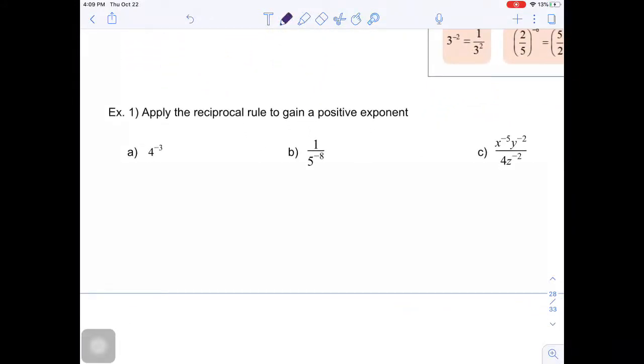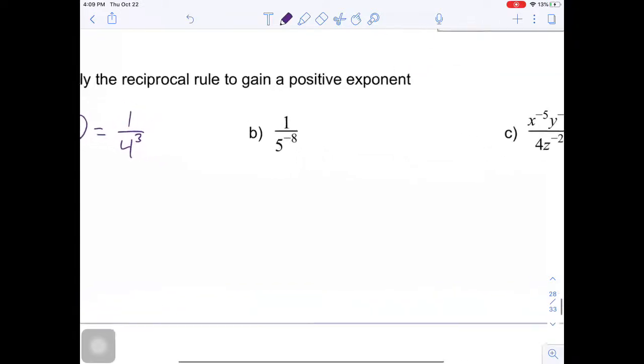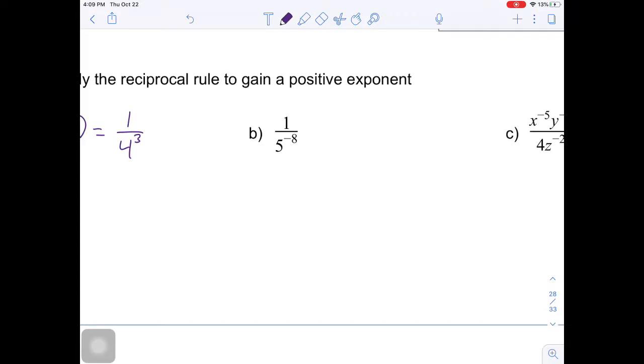So here, 4 to the power of negative 3, I'm going to put that in the denominator's position, and it'll be 1 over 4 to the power of 3. Let's look at b. So we have 1 over 5 to the power of negative 8. If I take the reciprocal and make it positive 8, you therefore get a positive exponent.